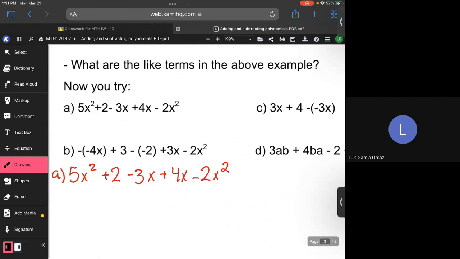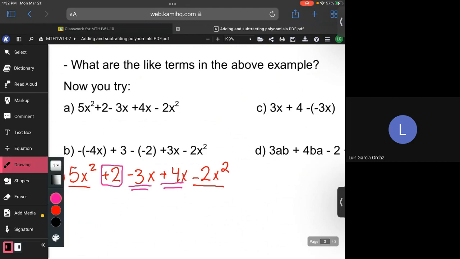Highest to lowest. So what are my first two like terms? Yep. So I get 5x squared and minus 2x squared. Next pair of like terms. Kareem. Negative 3x and 4x. Okay, and then 2 is by itself because it's a loner.